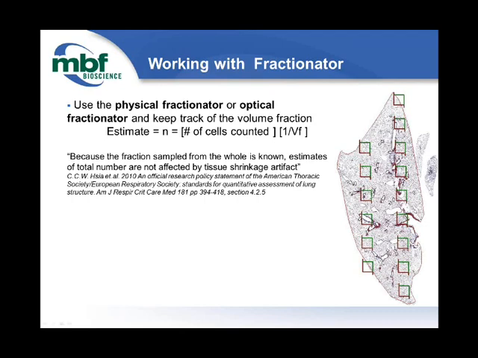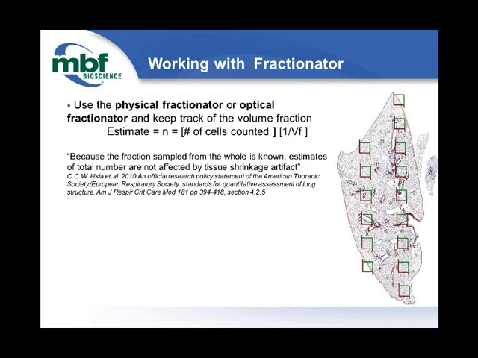Here they are all lined up on one section. You're going to take that and multiply it by the reciprocal of the volume fraction. In other words, we're going to extrapolate our estimate out, and that way we don't have to worry about reference volumes that are differentially shrinking due to artifact.